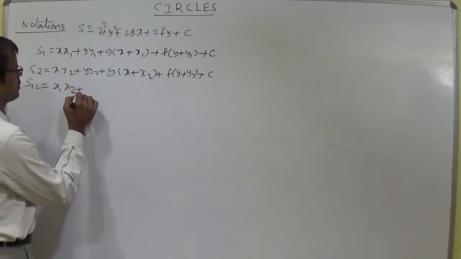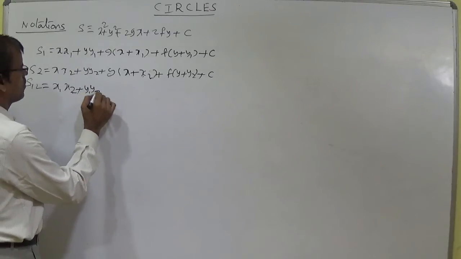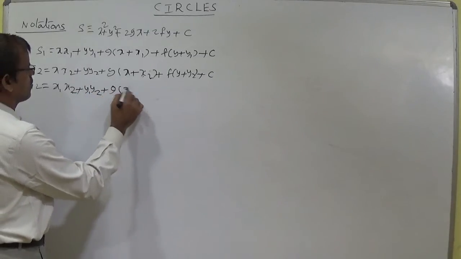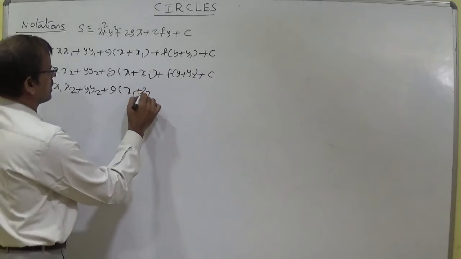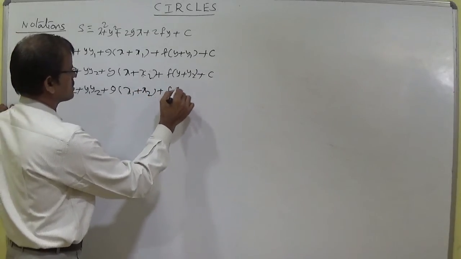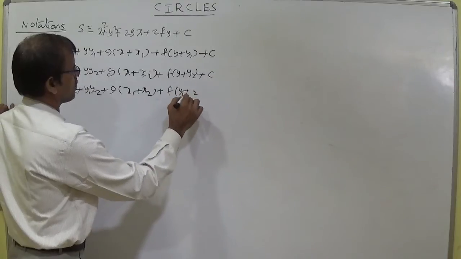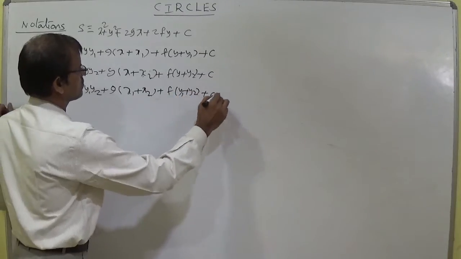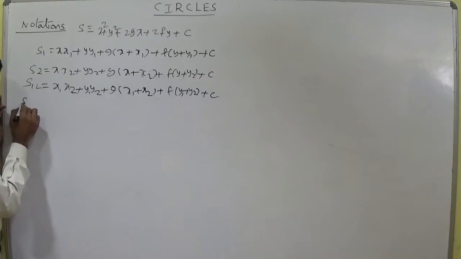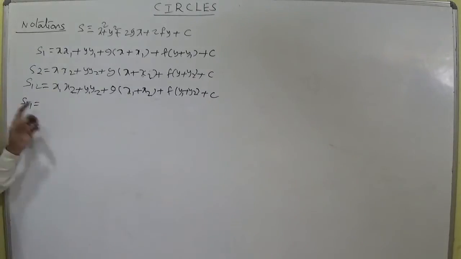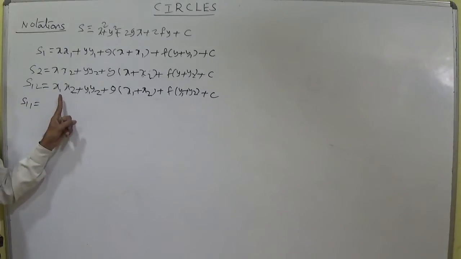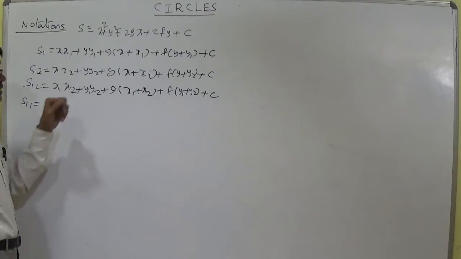S12 notation: x1 x2 plus y1 y2 plus g into (x1 plus x2) plus f into (y1 plus y2) plus c. Now S11. S11 means in this equation, instead of 2 you substitute 1.